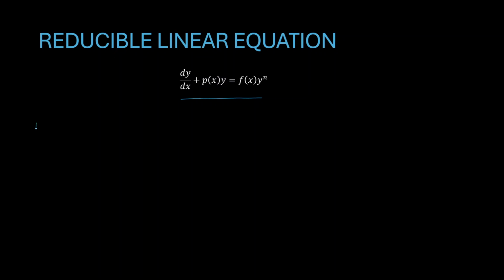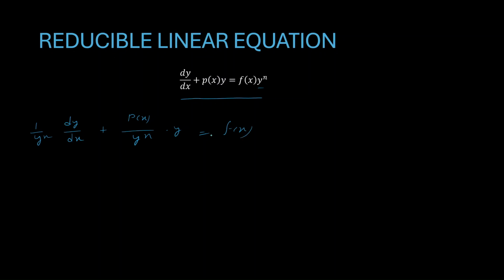How? First, we will divide both sides by y to the power n, and we will get dy/dx plus P(x) by y to the power n into y is equal to f(x).